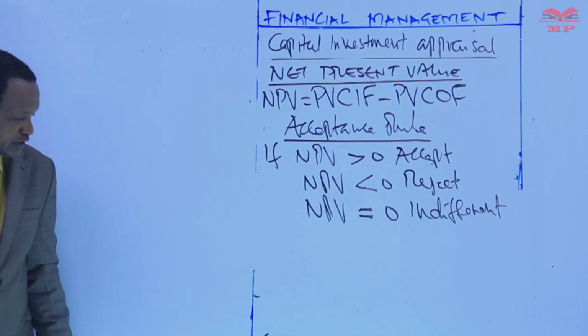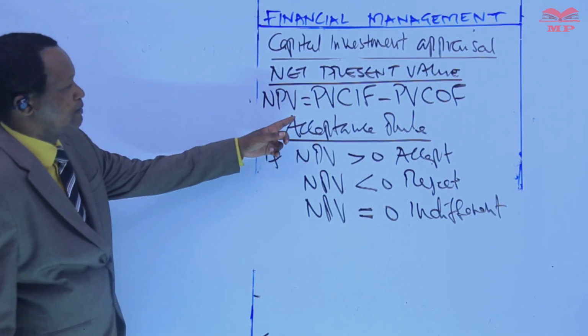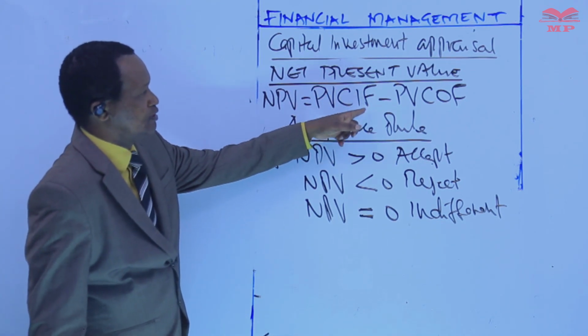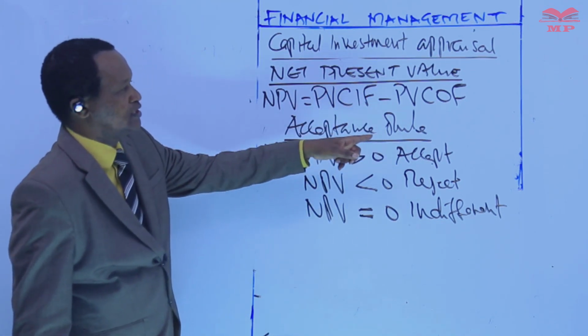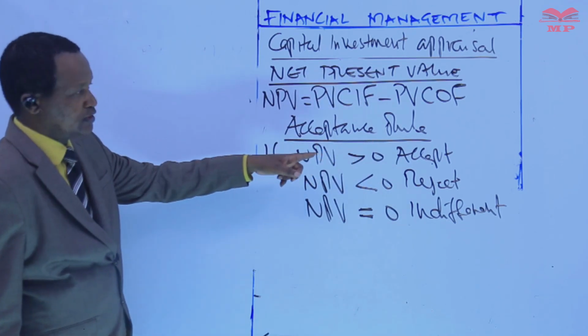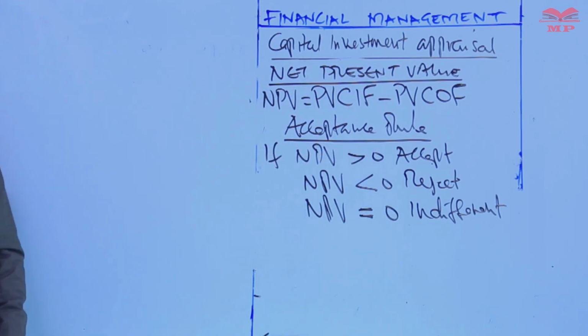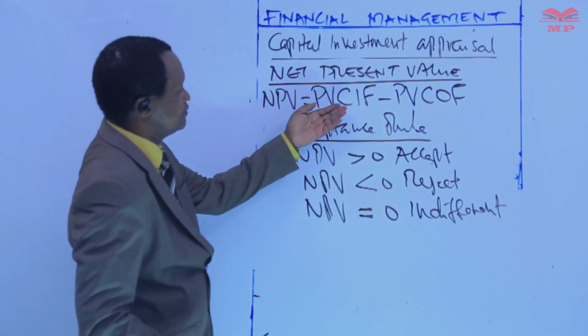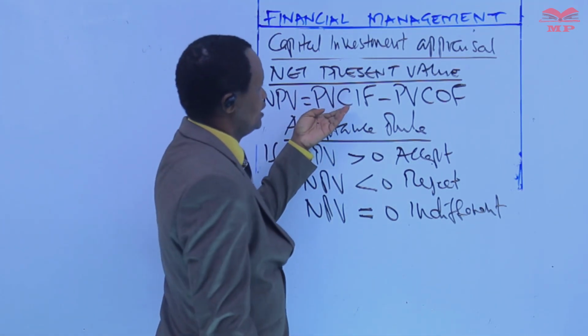So the formula, we have it. NPV is equal to present value of cash inflows minus present value of cash outflows. That's the formula. There are just two variables, inputs.